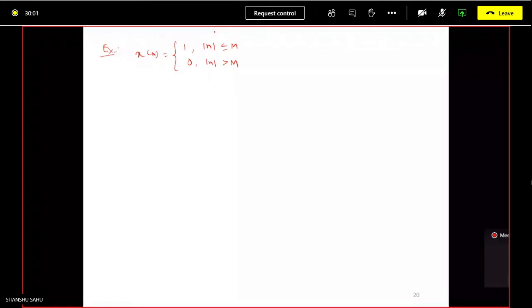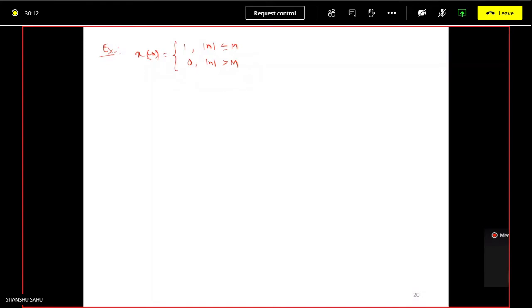You see, it's very simple. x of n is represented, and here the index is n. So it is obvious that it is a discrete time signal, right? And this discrete time signal only has value 1 when the index is less than or equal to m. After that it is 0.